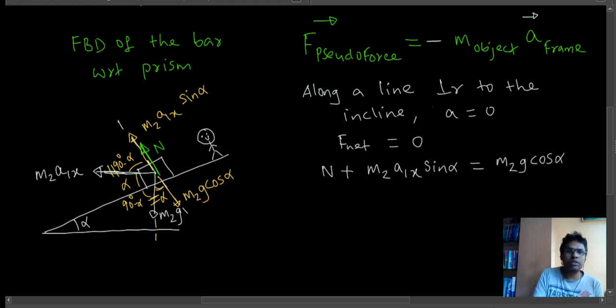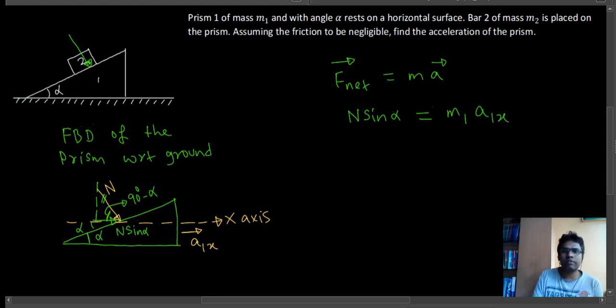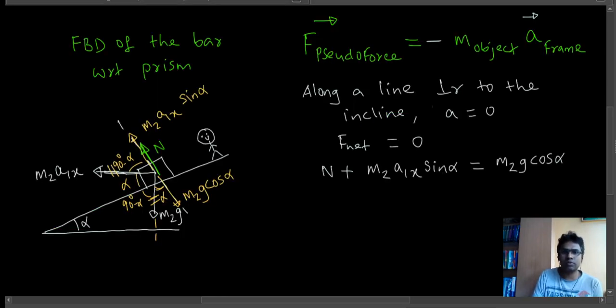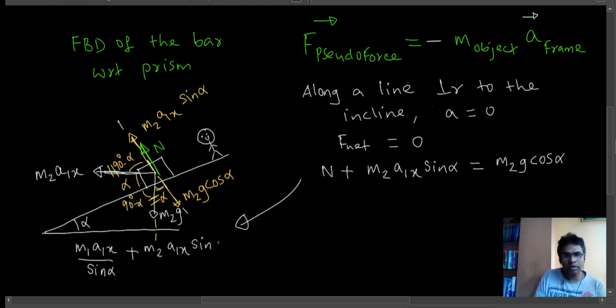From the first equation, I can take this normal force and substitute here. So I have m1 a1x divided by sine alpha, plus m2 a1x into sine alpha is equal to m2g cos alpha.